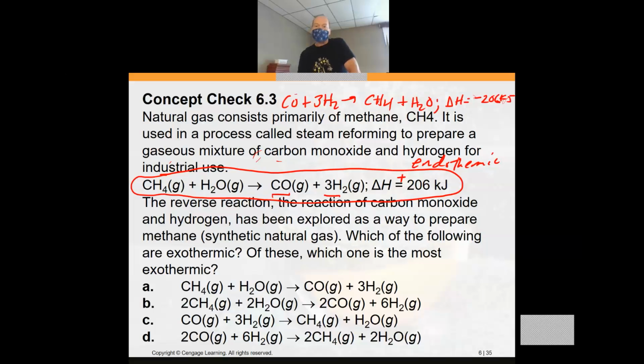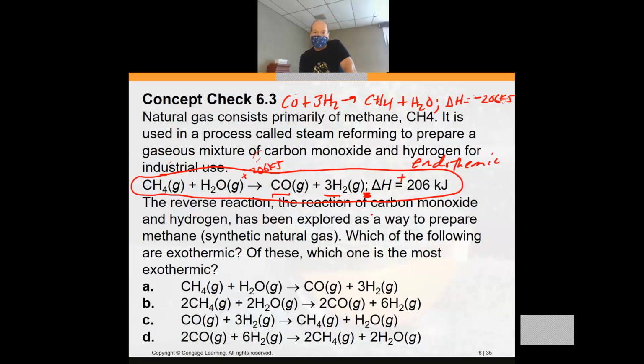This is written as a thermochemical reaction. There is a semicolon here, and then you give the delta H. They could have written in the heat, plus 206 kilojoules over here. That would be the same thing, but it would not be a thermochemical reaction because by definition, you have a semicolon and you list the delta H. But you could write this same reaction as CH4 plus H2O plus 206 kilojoules yields CO plus 3H2.